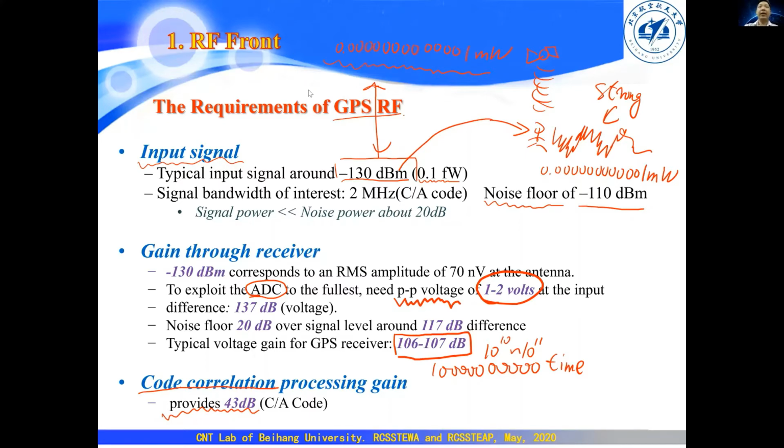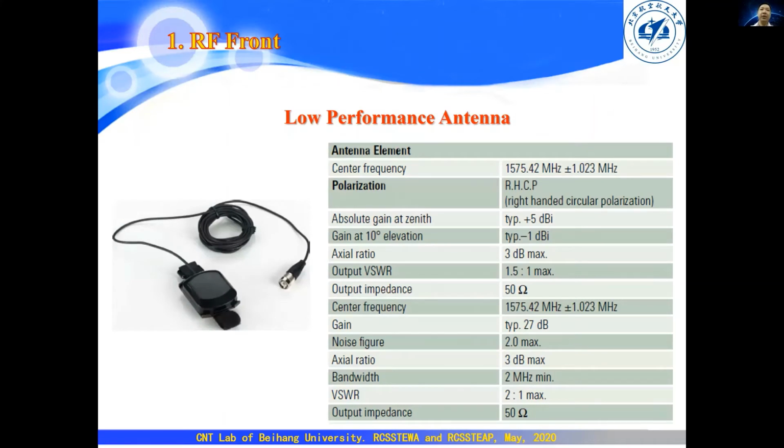Okay, and for the antenna, the GNSS antenna will commonly have a center frequency, which means it will receive the signal at this frequency, and the polarization of the signal is right-hand circular polarization.